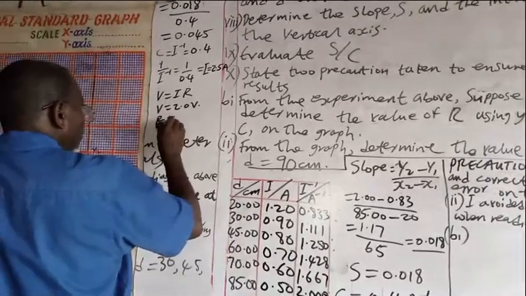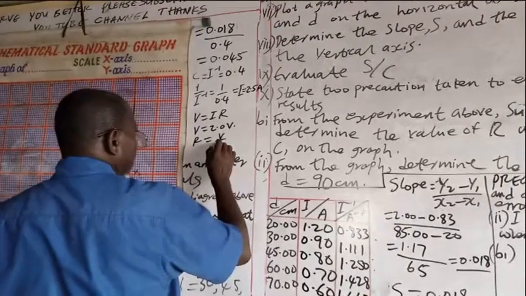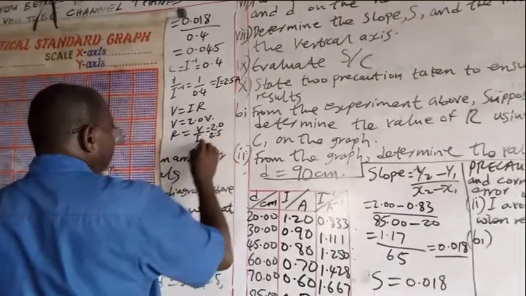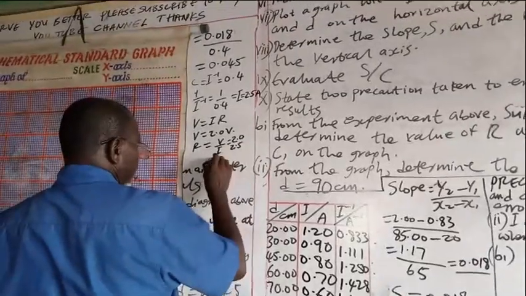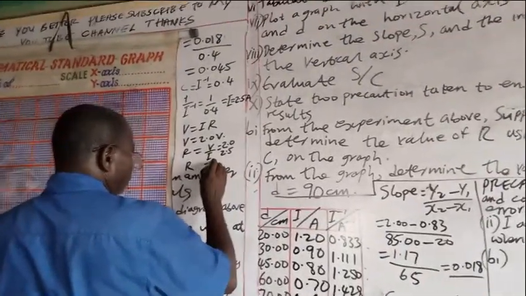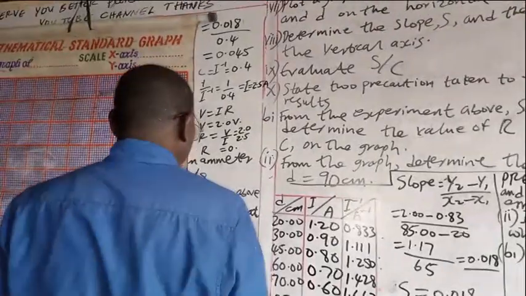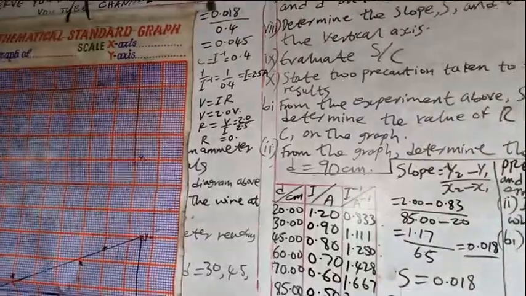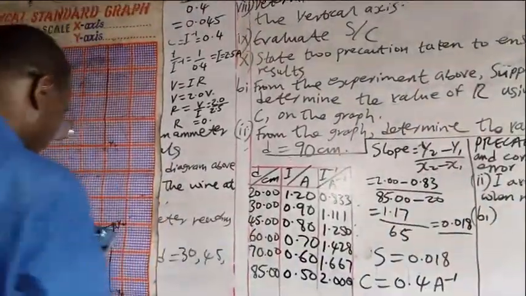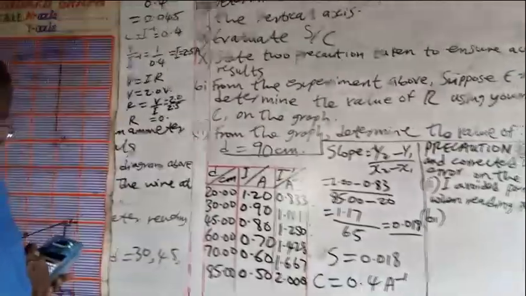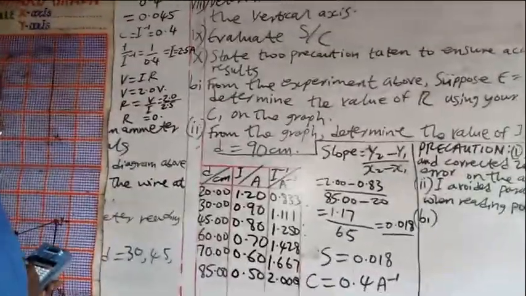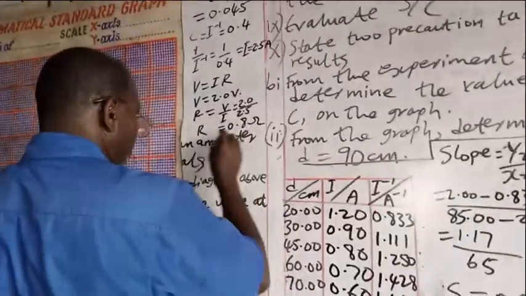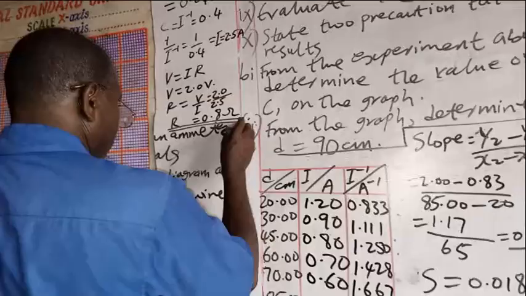So R will be equal to V over I, which is 2 divided by 2.5, which is equal to 0.8 ohm. That is our R.